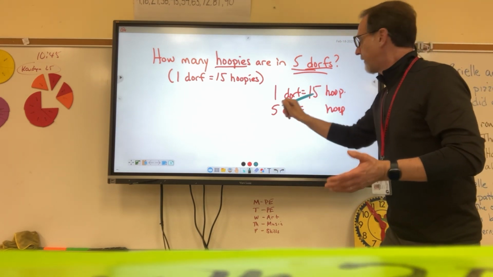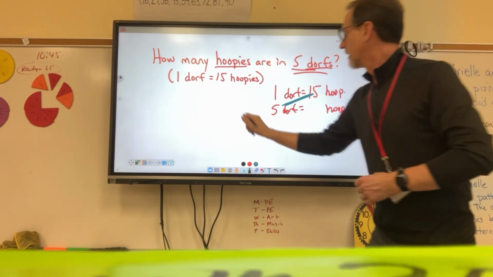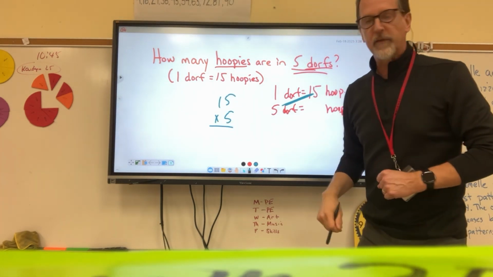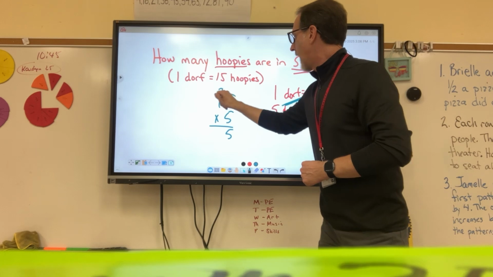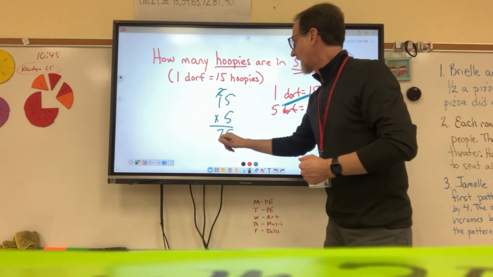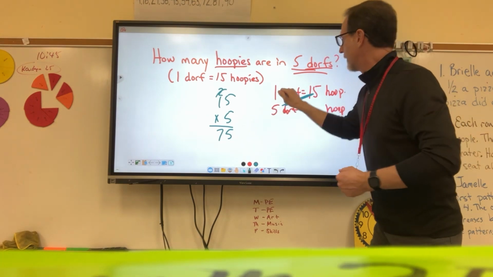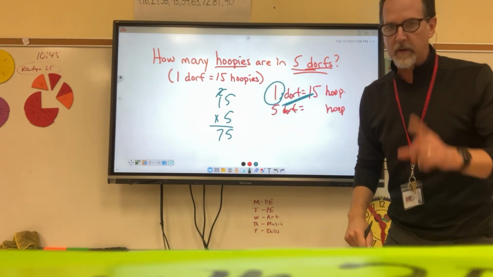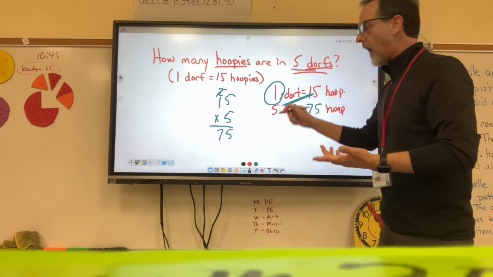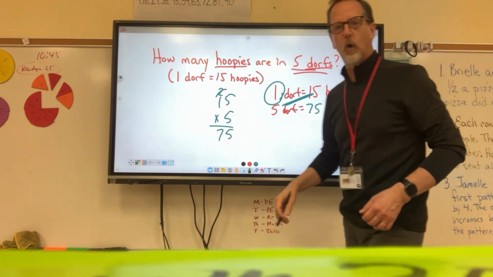Right here. 5 times 15. 5 times 5, 25. 5 times 1, 5 plus 2, 7. 75 divided by 1. Remember, you got to divide by that third number. It's 75. 5 dwarfs would be 75 hoopies.